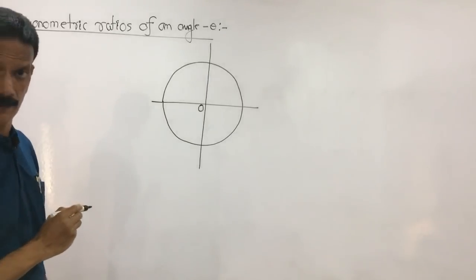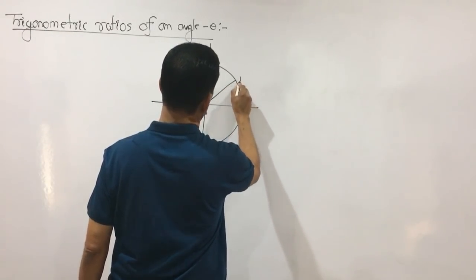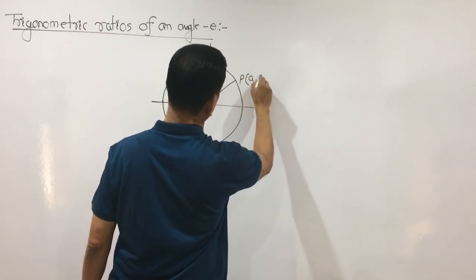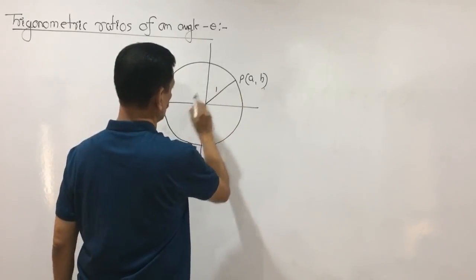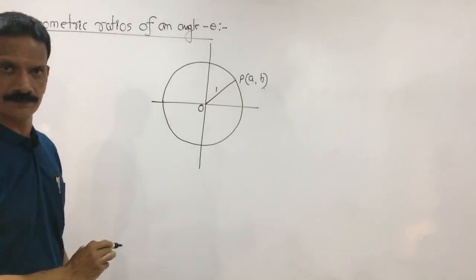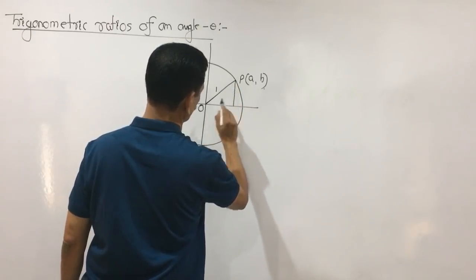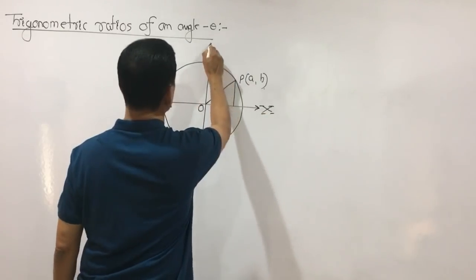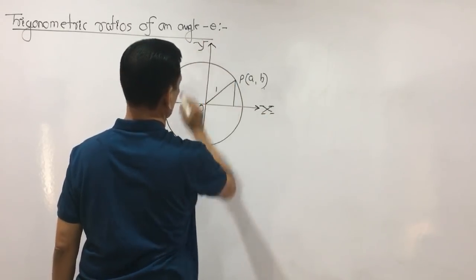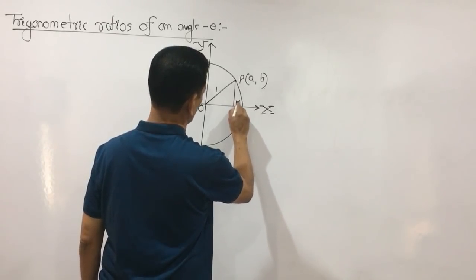I take a point P whose coordinates are (A, B), and you know that this OP is 1 unit. I draw a perpendicular to the x axis. Here PM is the perpendicular drawn.